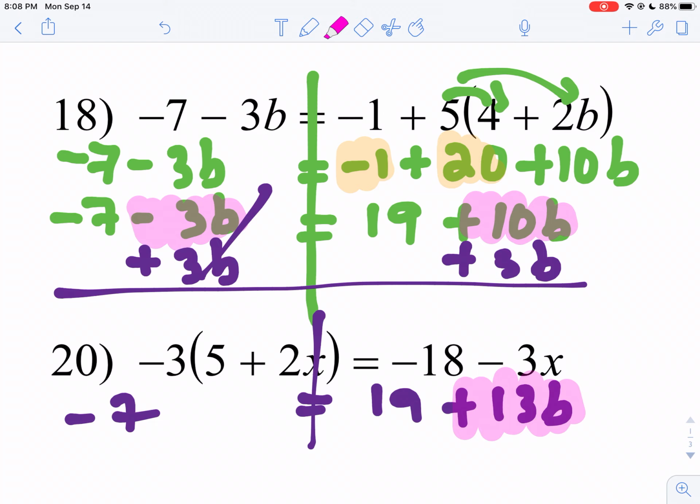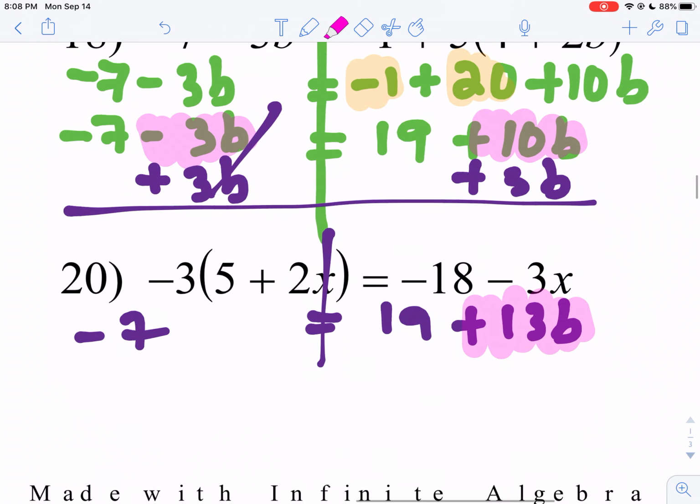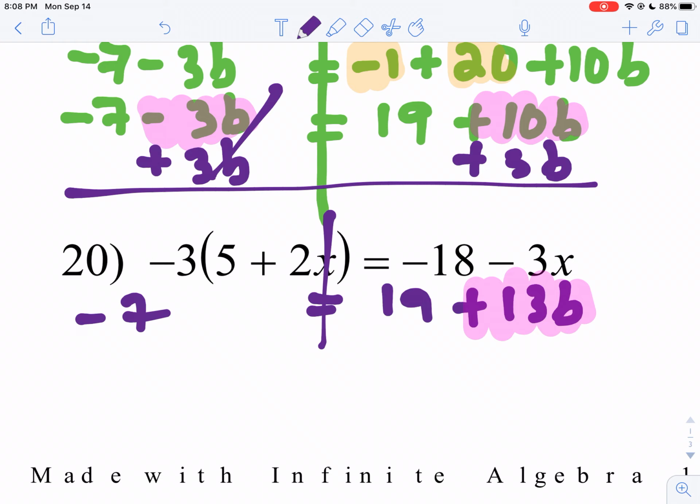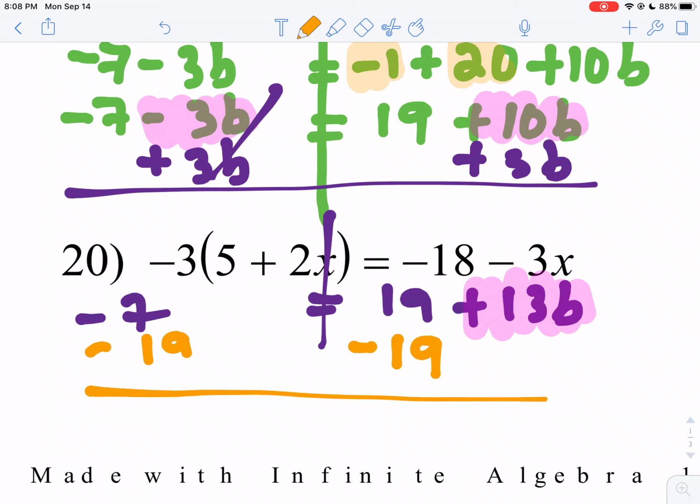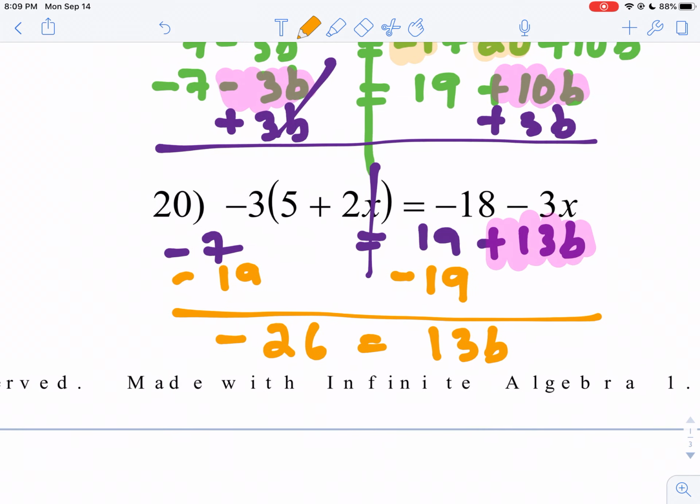I have a positive 19, so the opposite of positive 19 is minus 19, so I'm going to go ahead and take away 19 from both sides, and now I'm going to get 13b equal to negative 26, and the last step is to divide by 13. Okay, 13 times b, the opposite is dividing by 13, so I'm going to do that, and we are going to get an answer of b equal to negative 2.